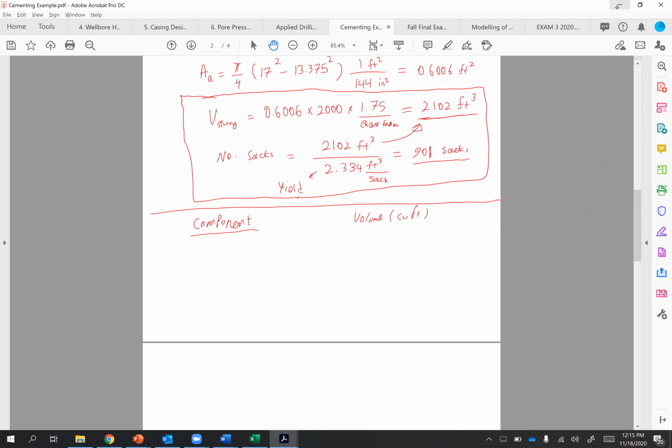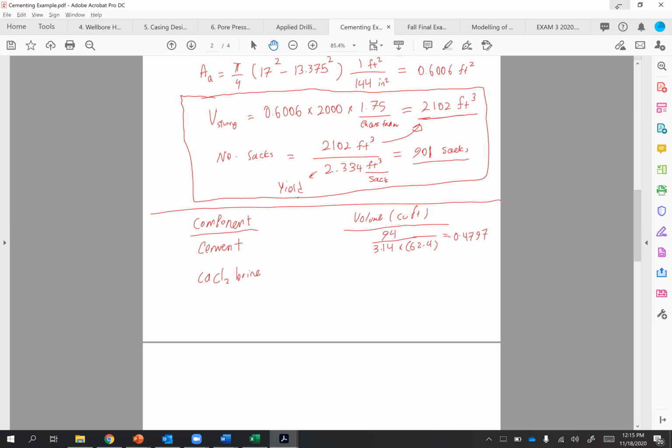So I'm going to go down and write the components. So we have cement, and we have the CaCl2 brine component, so volume, right? Again, how much is the volume of 1 sack of cement? It is 94 pounds divided by the specific gravity of the cement, class A, 3.14, multiplied by the density of the water, which is 62.4, and that is equal to 0.4797.